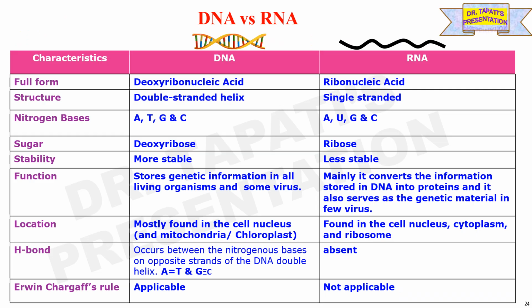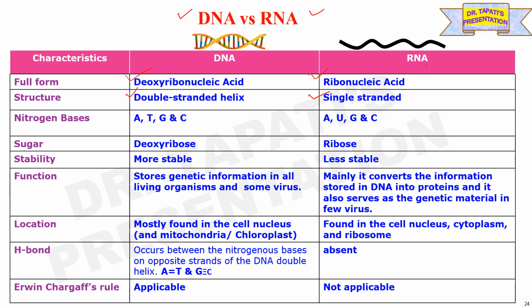Let's discuss the differences between DNA and RNA. The full form of DNA is deoxyribonucleic acid. The full form of RNA is ribonucleic acid. DNA is a double-stranded helical structure, whereas RNA is mostly single-stranded. The nitrogen bases present in DNA are A, T, G, C, that means adenine, thymine, guanine, and cytosine.